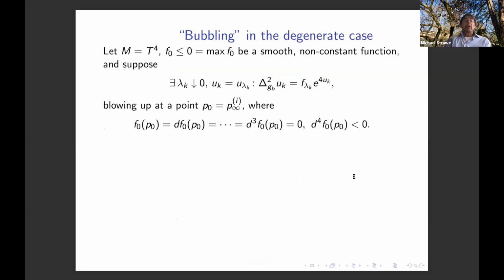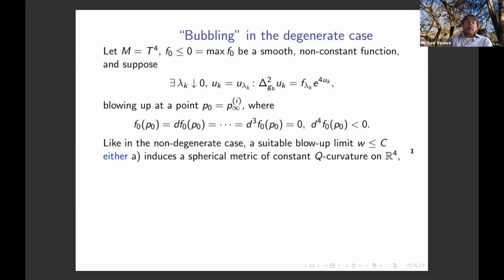All right, so let's come now to the result that I want to talk about. We will be looking at the degenerate case that I briefly described just a moment ago. M is the 4-torus, f0 is non-positive with maximum equal to 0, smooth, non-constant. And we'll assume that we have a sequence of bubbling solutions, u_k, blowing up at a point p0, where f0 and its first derivatives up to the third derivatives all vanish, while the fourth derivative is negative definite as a linear form.